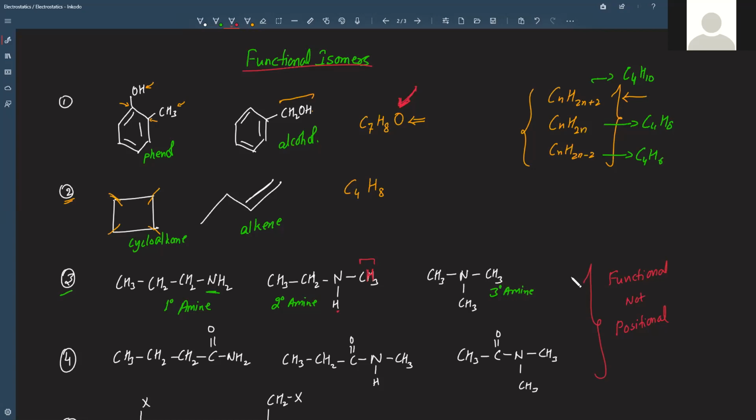So in this case, if we find their molecular formula, it is C4, and 3 plus 2 plus 2 plus 2, that is 9 hydrogen, and 1 nitrogen, and it will be the same formula for all the 3.